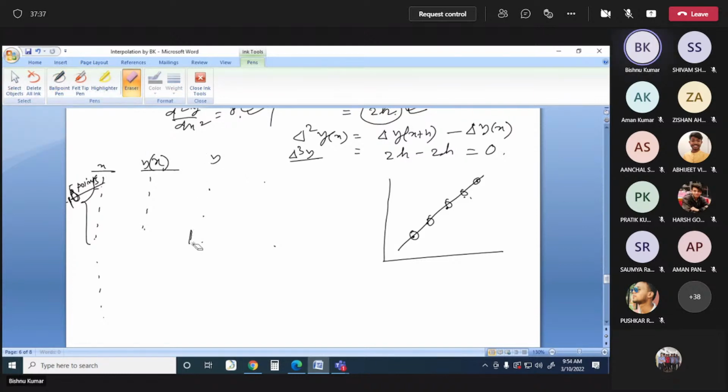All values are the same in the third difference. This is constant, constant, constant. Means the fourth difference and the remaining differences are 0, k minus k, k minus k. So with the help of 10 points, third difference constant means exactly which degree of polynomial are we going to get?